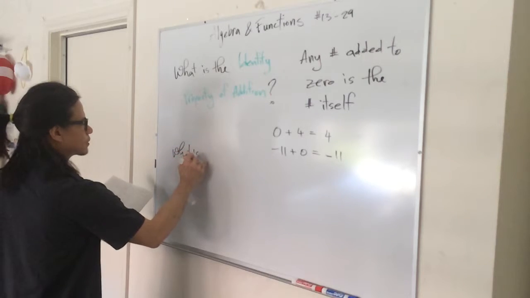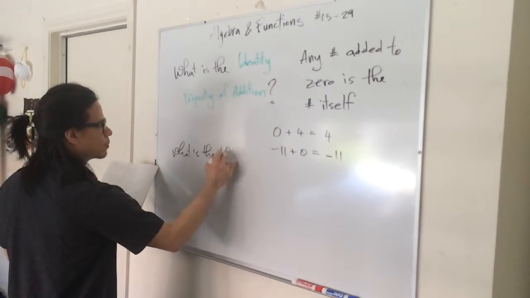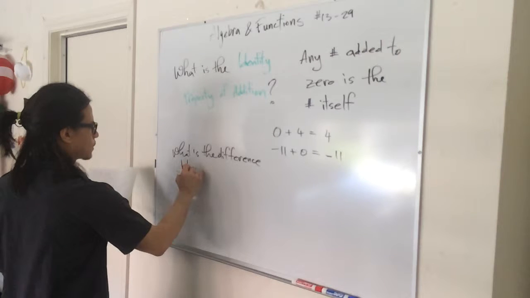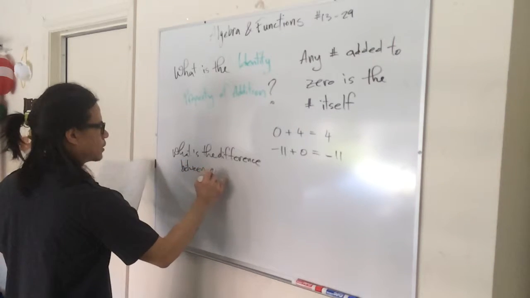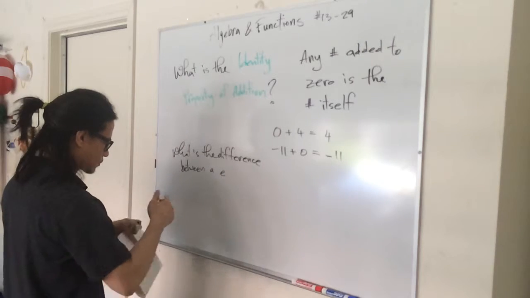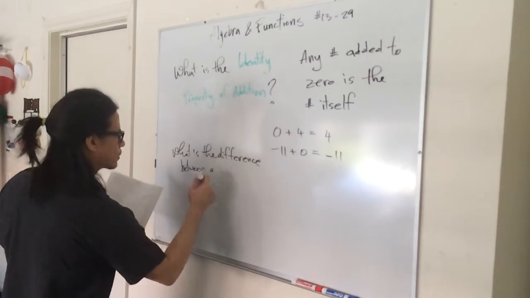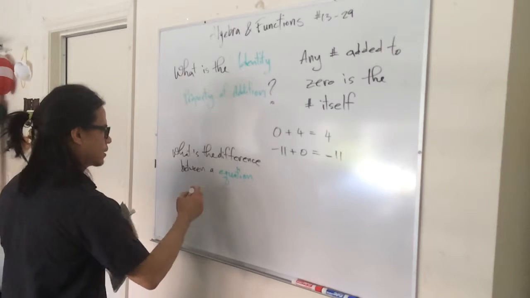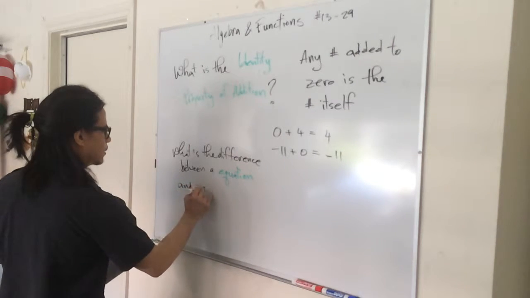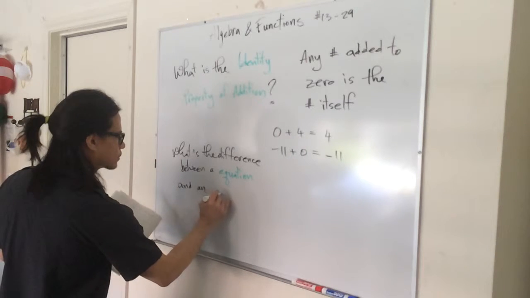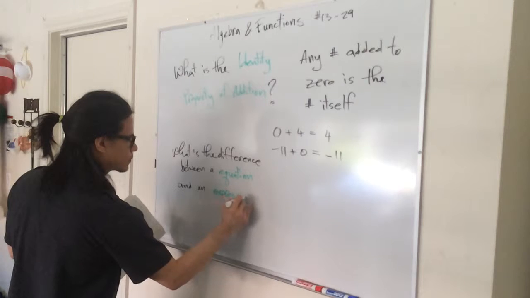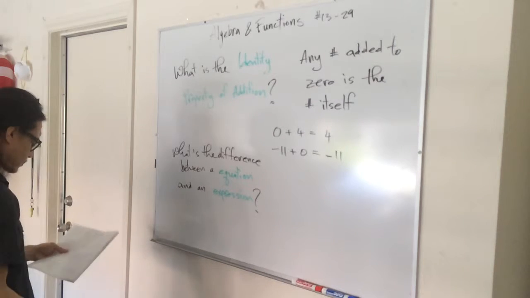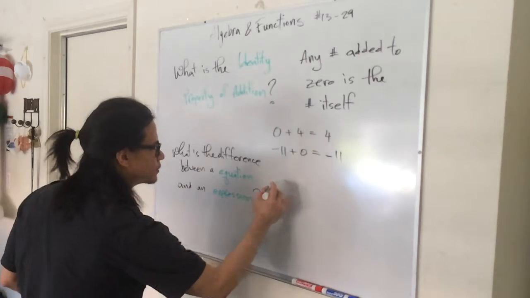What's the difference between an equation and an expression? So here's the key to it all.